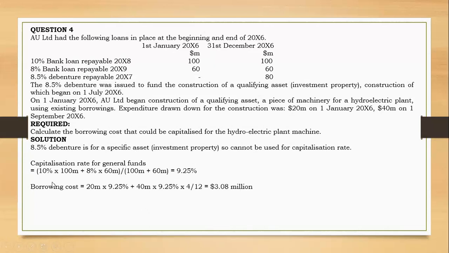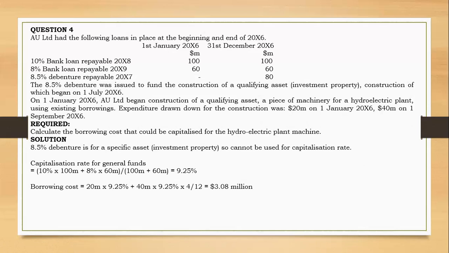After obtaining this, I'll compute the borrowing cost. To obtain the borrowing cost for general borrowing, you take the capitalization rate and apply it on the funds drawn down. Expenditure drawn down for the construction was 20 million on 1st January. This means that until the end of the year 2026, the 20 million stayed for 12 months.